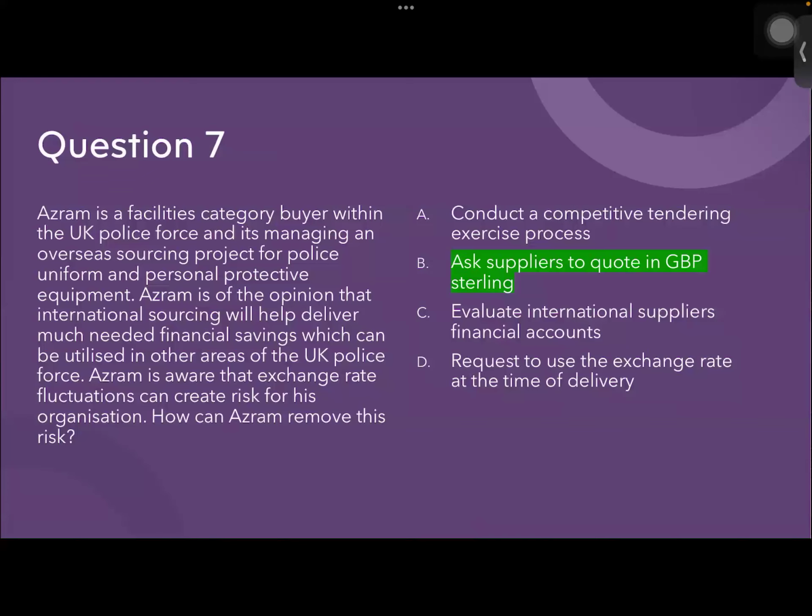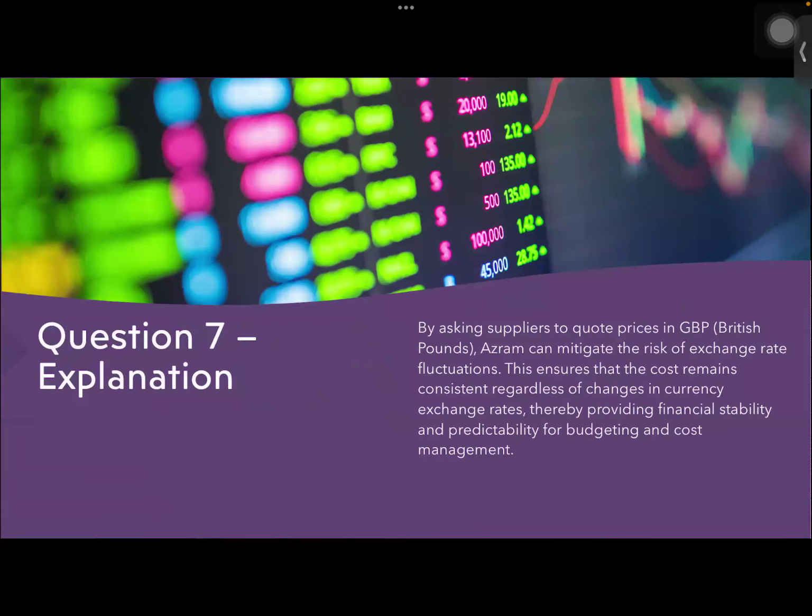Therefore, we need to select the answer that eliminates the risk. For Ashram, this approach ensures that the cost remains the same regardless of the change in the currency, and it essentially transfers the risk of fluctuation from the buyer to the supplier.